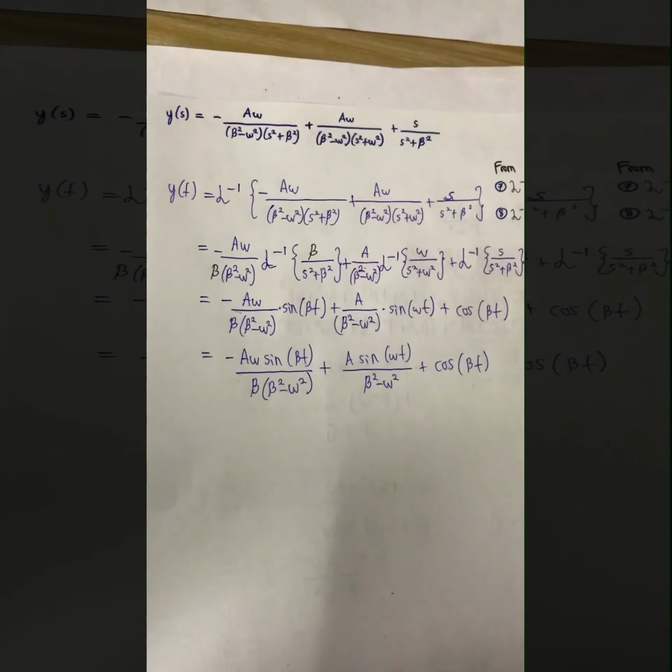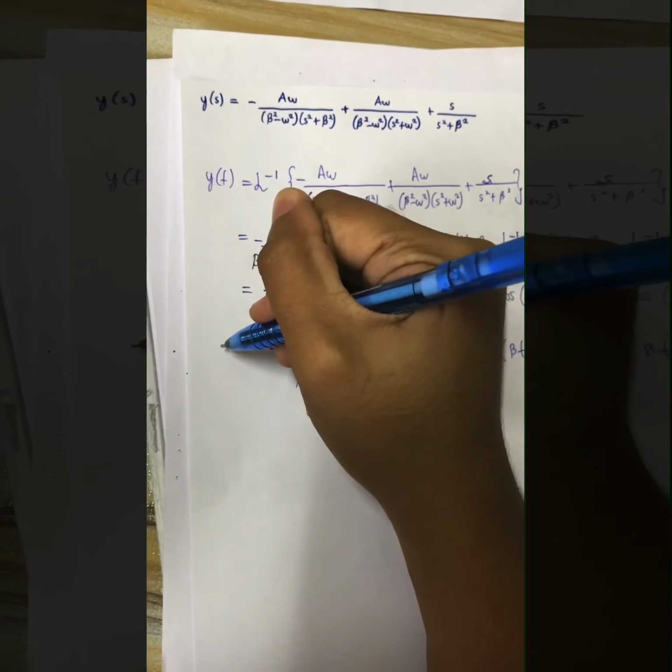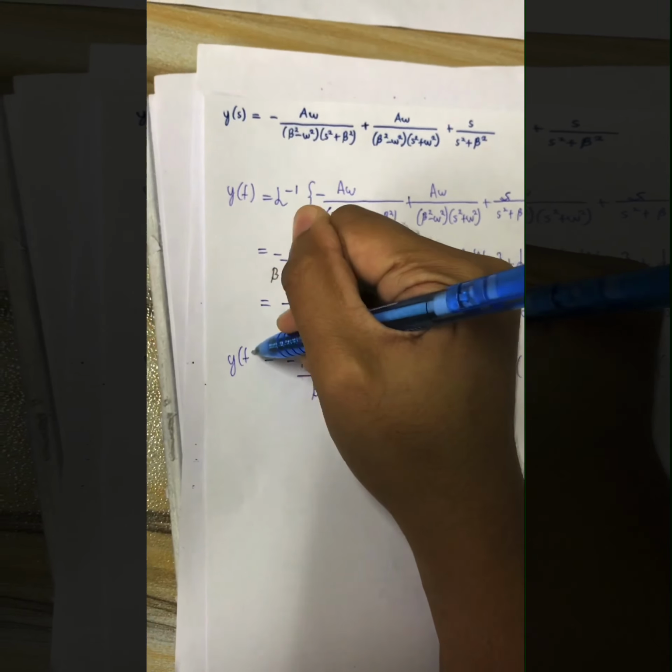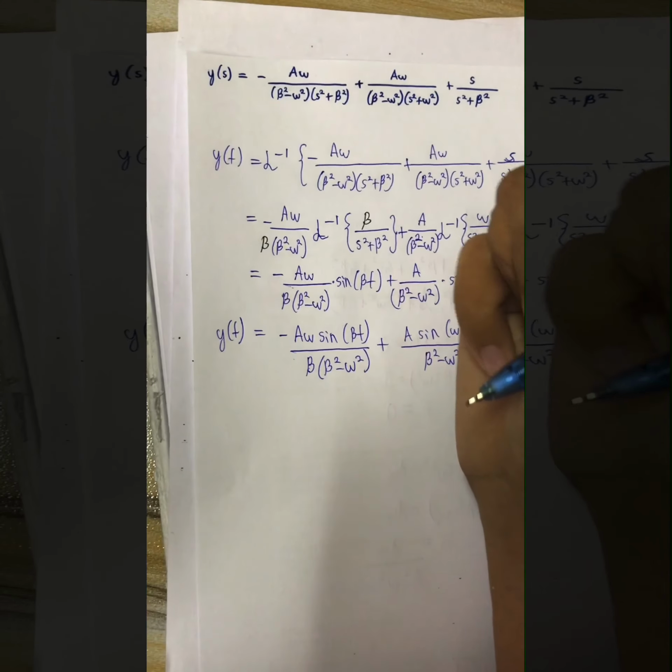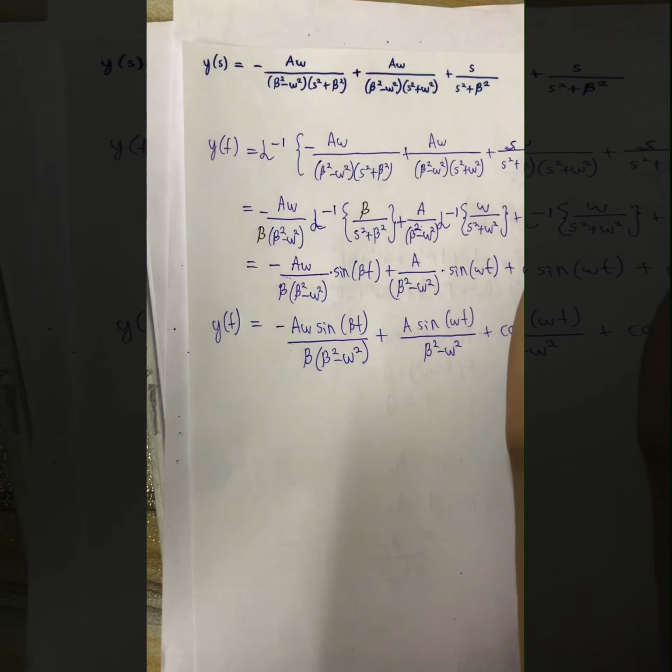So now we have found our final solution for case 2, where omega is not equal to beta.